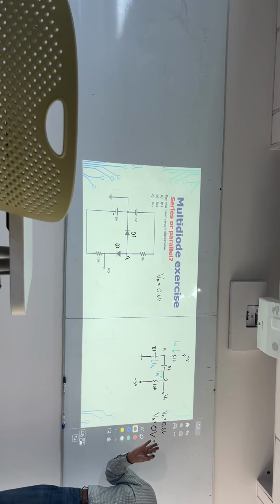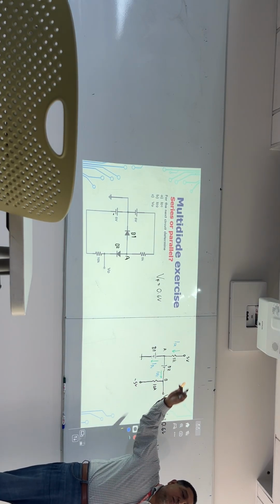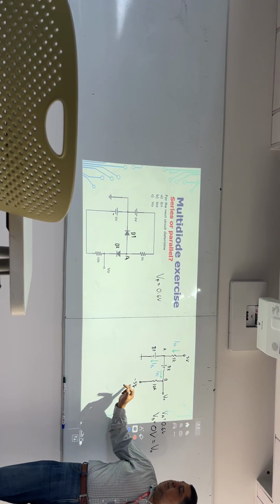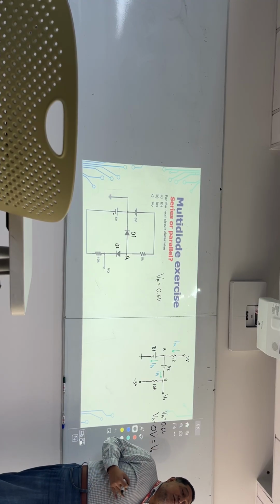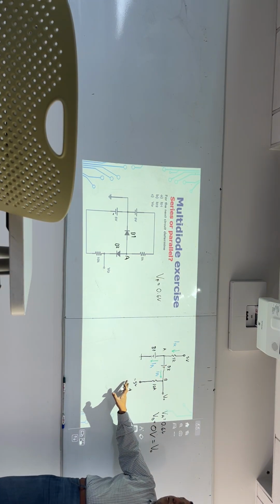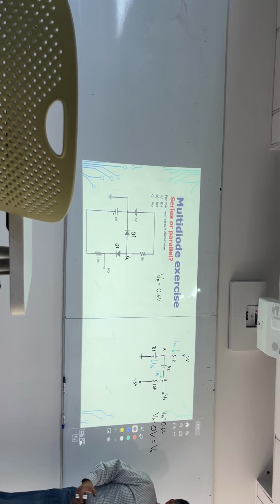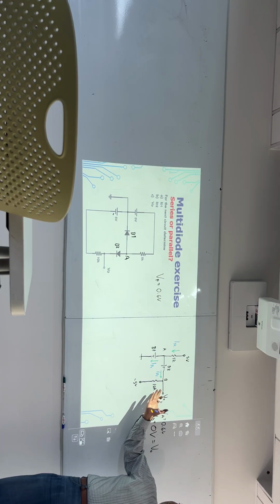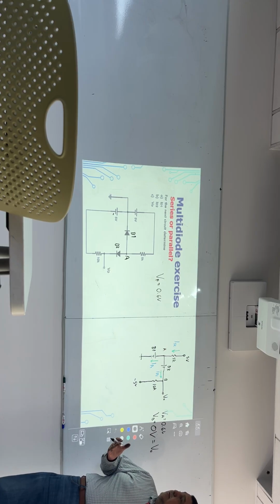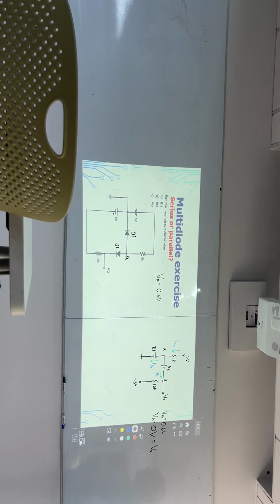Now, if you get positive 6 volts, then you should start worrying about it. Or if you get minus 7, for instance, then that's also a mistake. Why? Because you cannot have a voltage that is greater than 5 or lower than minus 5. So if you really want to know if you are correct, 0 is a voltage that's perfectly in between these two voltages. 6 or minus 7 are not possible voltages. Okay? So yes, V0 is 0.